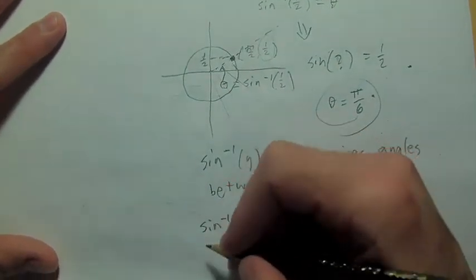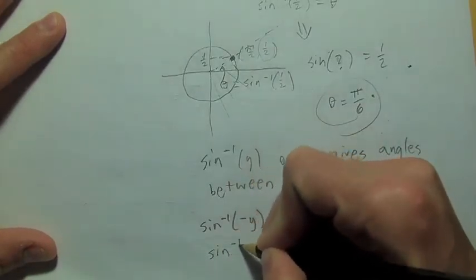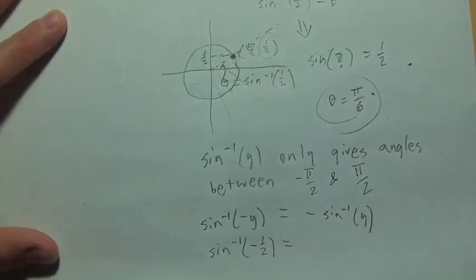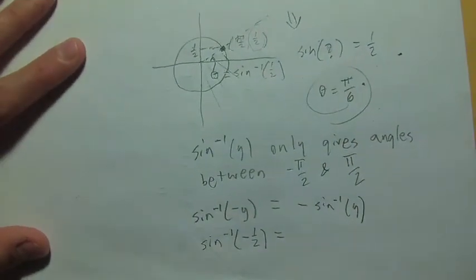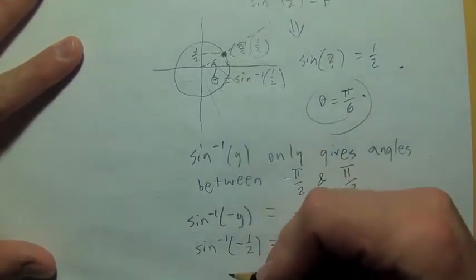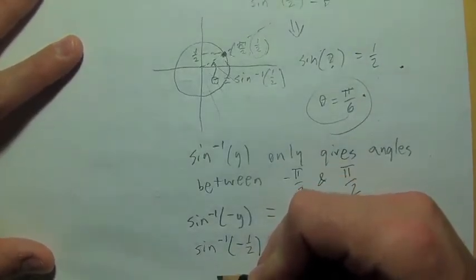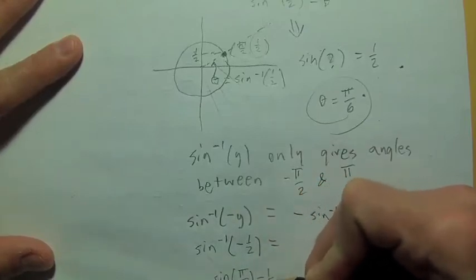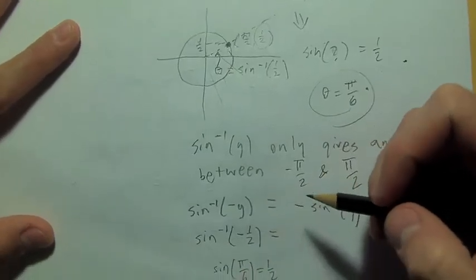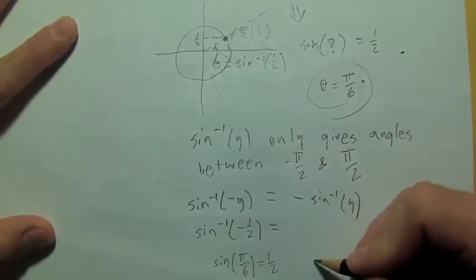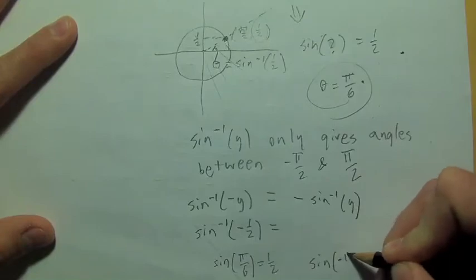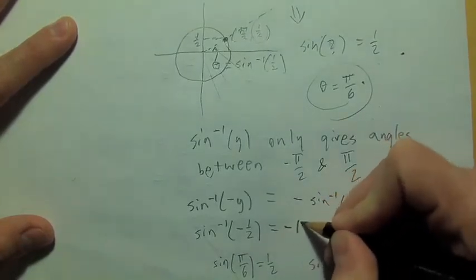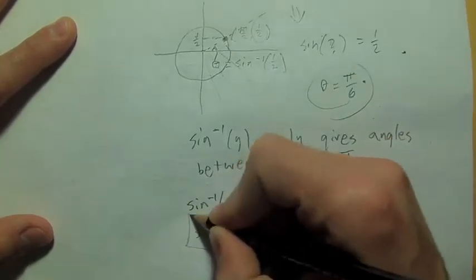So if you're looking for, say, sine inverse of negative 1/2, what angle do I need to make sine equal to negative 1/2? Well, I know that sine of pi over 6 is 1/2. That means that negative pi over 6 gives negative 1/2. So this is actually negative pi over 6.